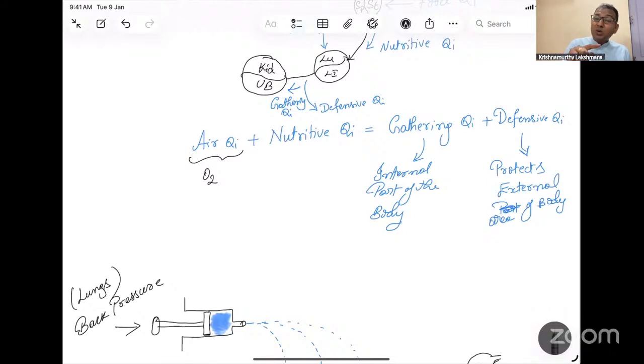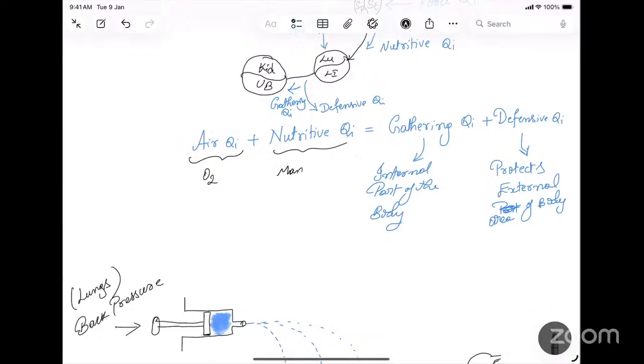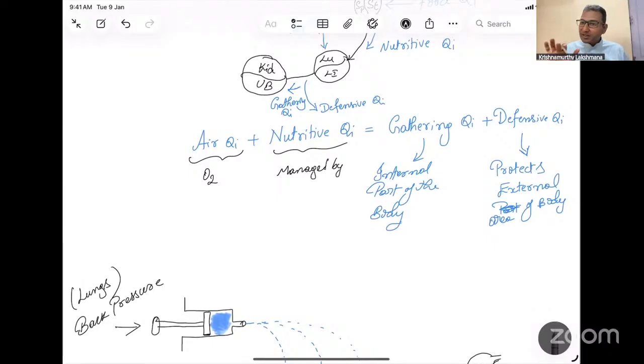And apart from that, what goes in? Nutrition, nutritive chi. And nutritive chi is managed by the digestive system, right? I'm specifically saying digestive system. It is not spleen and stomach, but to simplify, I say digestive system.